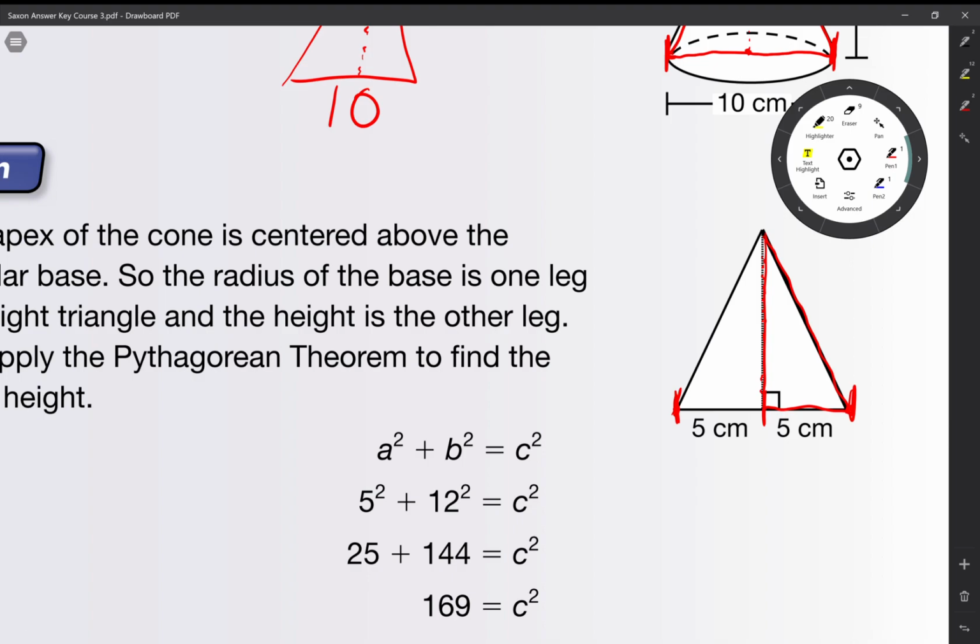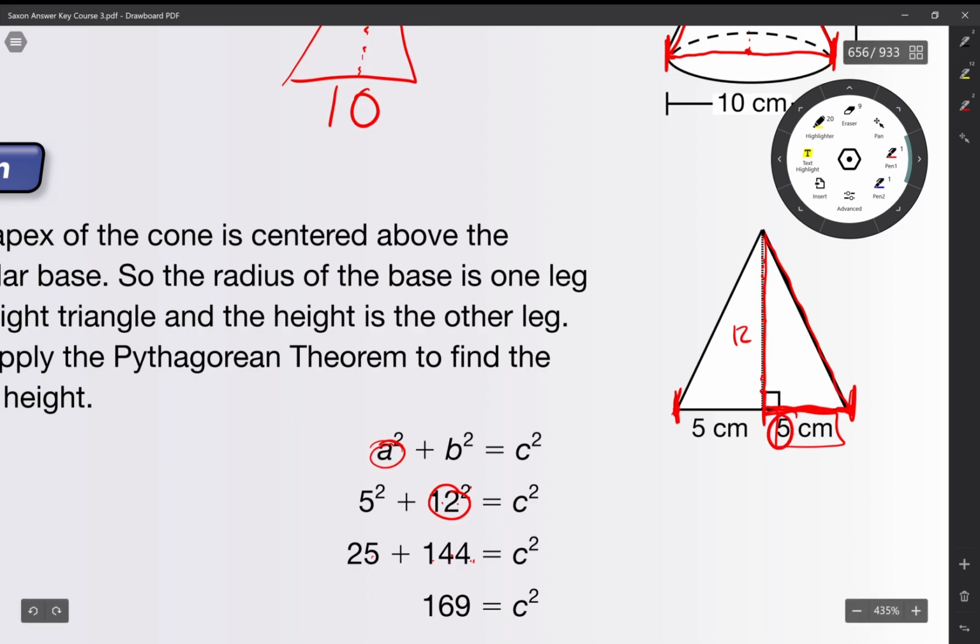So our height remains the same at 12. Our base for our right triangle is 5. So they plugged in 5 for the leg, 12 for the other leg to get what C? 25 plus 144. So 5 squared is 25. 12 squared is 144. Now that solves for C squared.